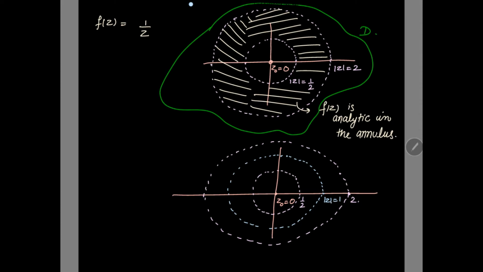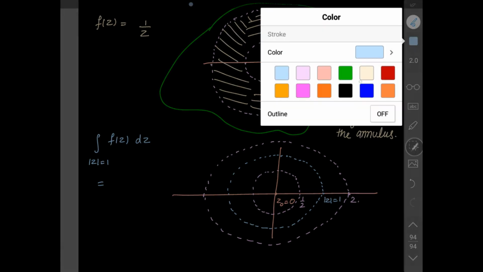Now see this circle where the function is analytic. If we consider only this circle, mod z equal to 1, the integral of f(z) dz, what is the value over this circle? See, the function is analytic in this annulus, right? That is this yellow colored region.